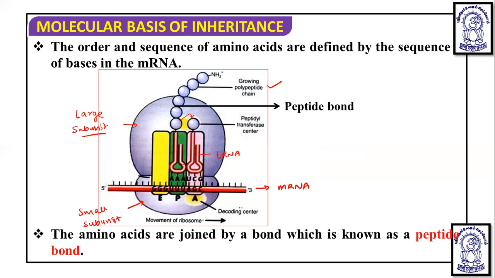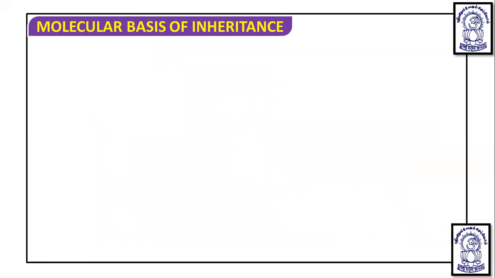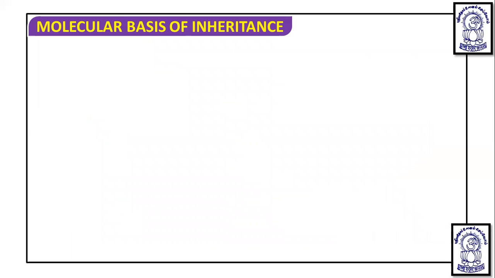The amino acids are joined by a bond which is known as peptide bond. The bond which is formed between two amino acids is the peptide bond. Formation of a peptide bond requires energy; it is an energy driven process. Now, the main machinery responsible for synthesizing protein is nothing but the ribosome.